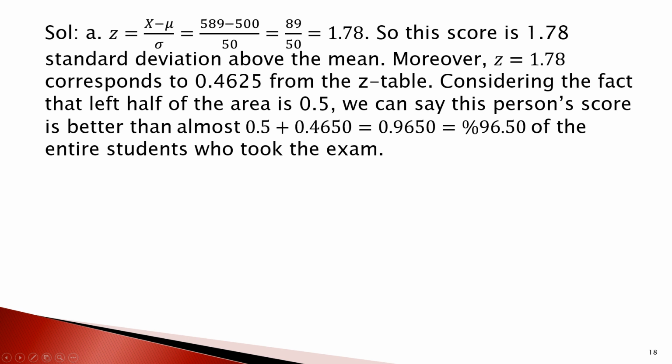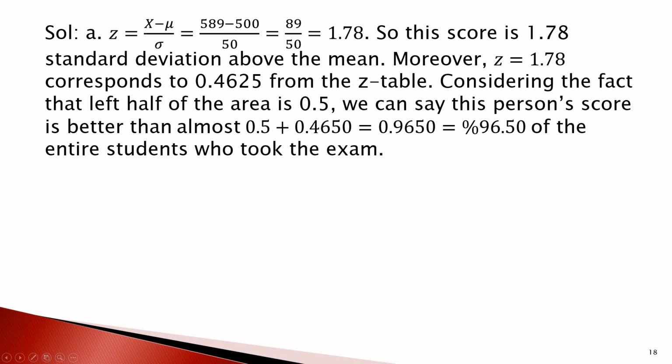Now we know that half of the area, the left half of the area, is going to be 0.5. Okay, 0.5, and the area from 0 to 1.78 is 0.46.